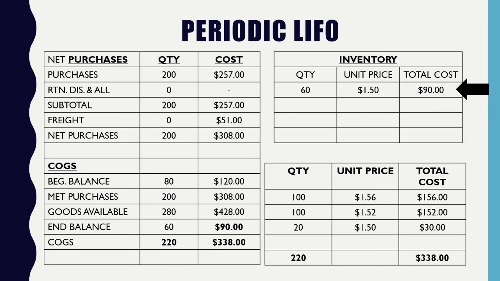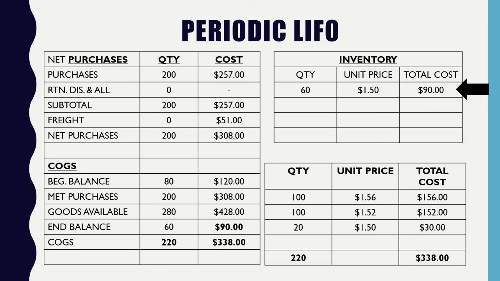So again, this is the same exact concept, except instead of starting from the top, we are focusing on starting from the bottom. And when we dive into perpetual, we're going to be constantly purchasing, and you're constantly going to be taking from the bottom.